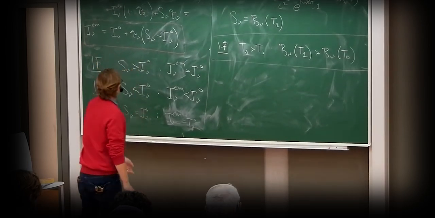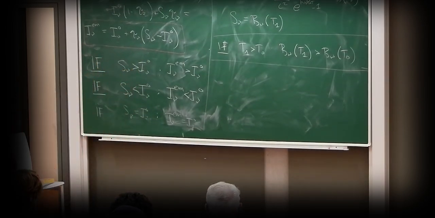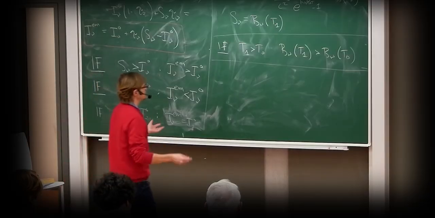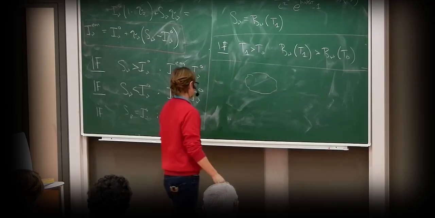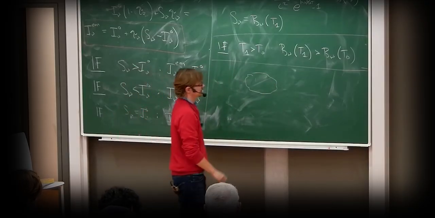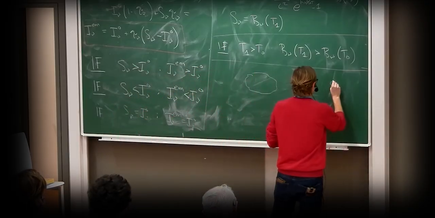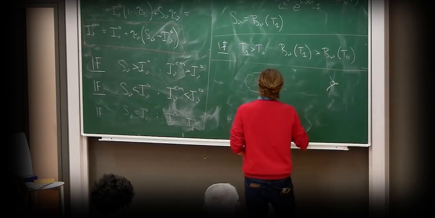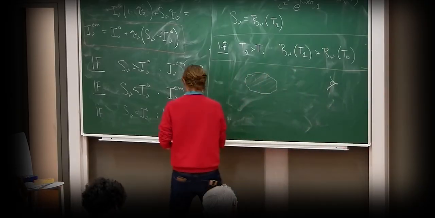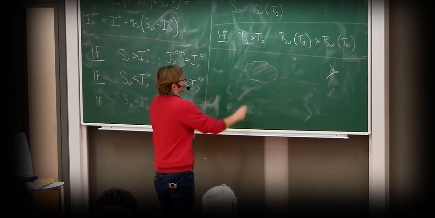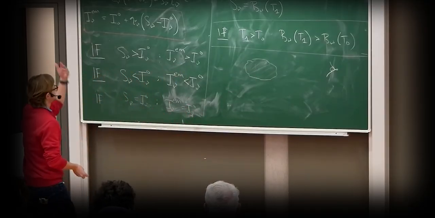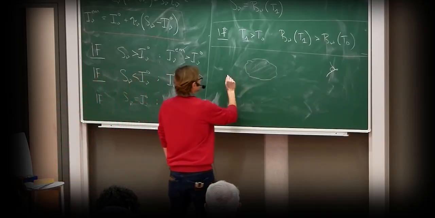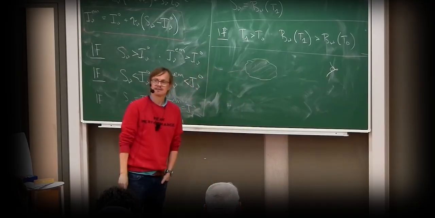So let's use this now with our optically thin approximation. Let's assume we have our slab here, we have our observer here, and then we have something emitting with some incoming intensity.